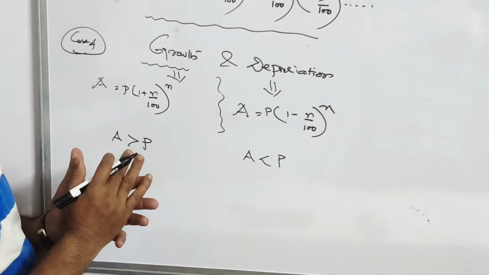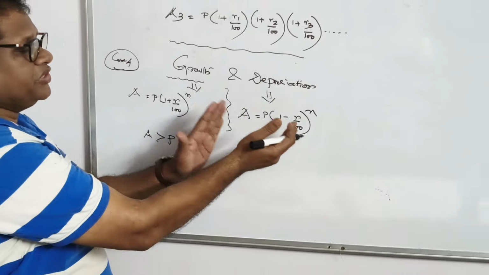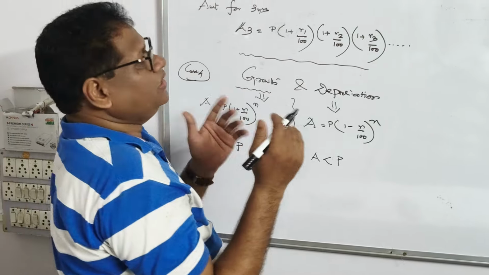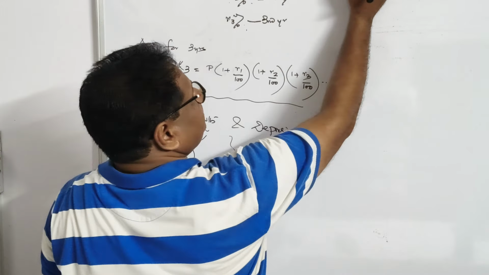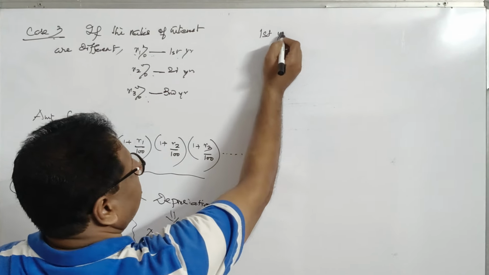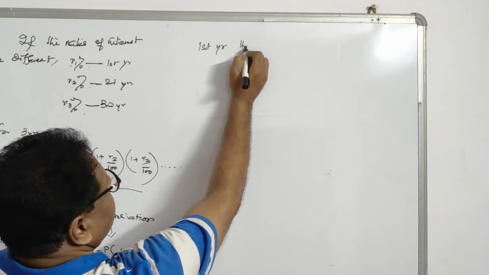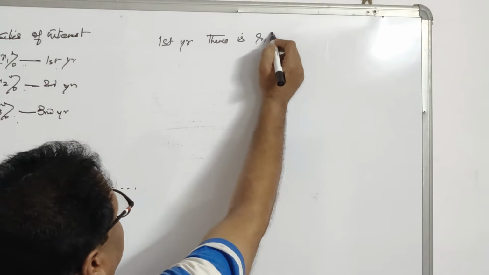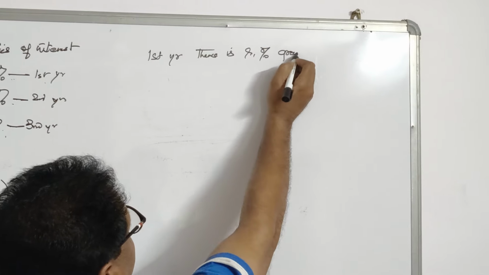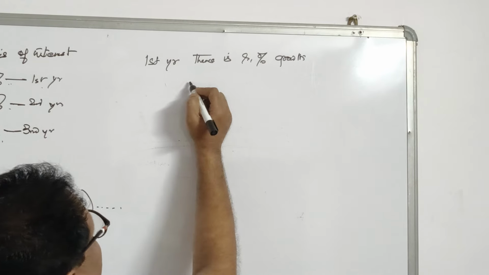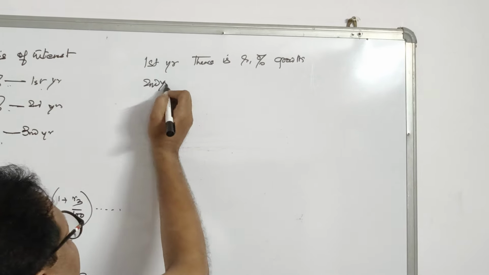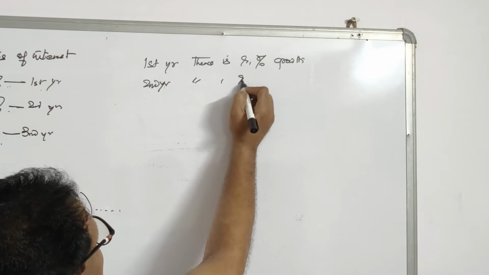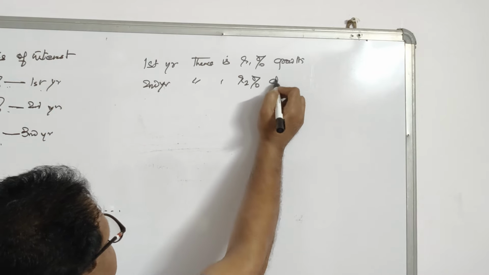Now what happens if growth and depreciation both are given? Let us come to this question. First year there is R1% growth. Second year there is R2% depreciation.